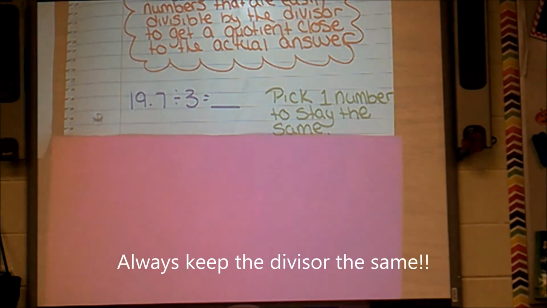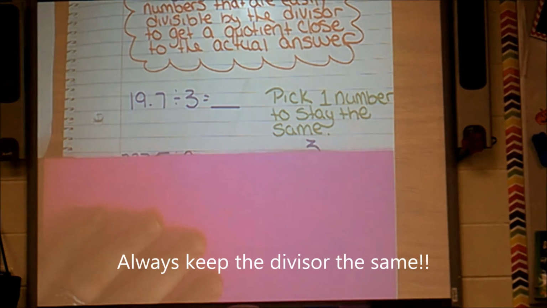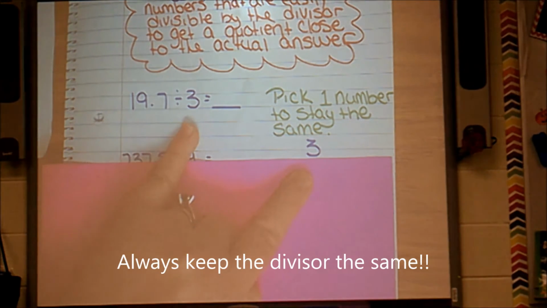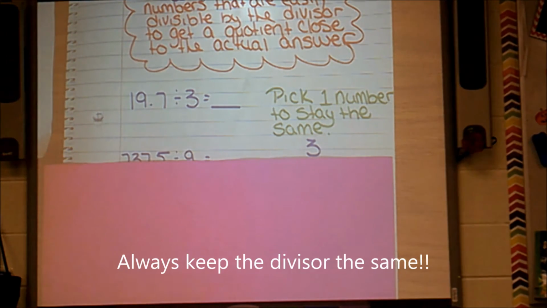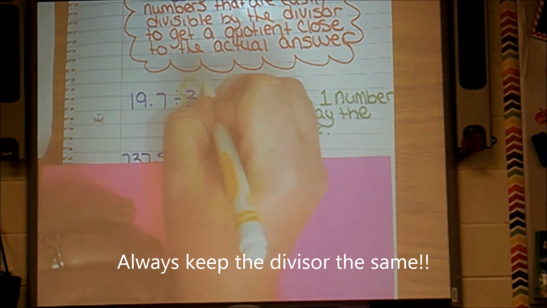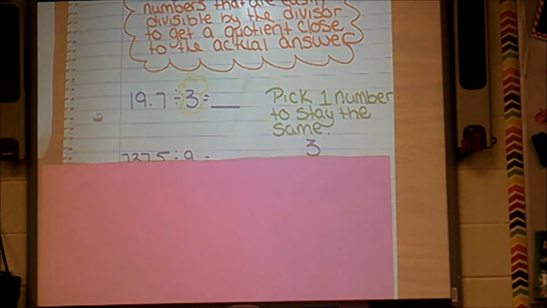It just makes it easier. So in this case, we're going to make 3 stay the same. 3 is my number that I'm picking. She's the magic number. I like to make the divisor stay the same.